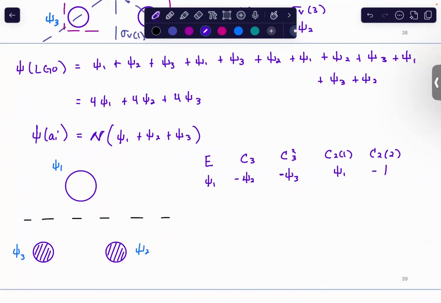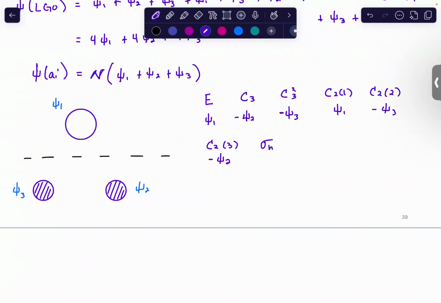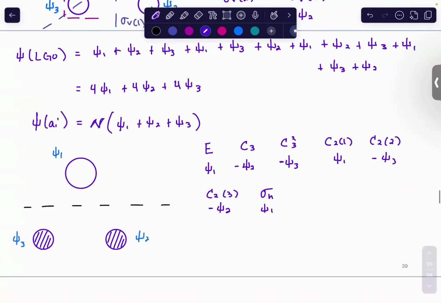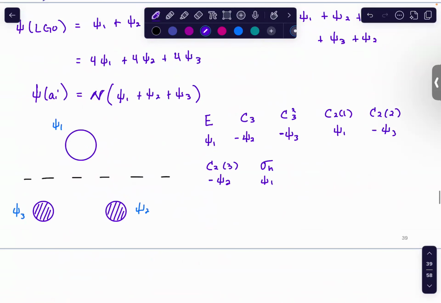C2 2, negative psi 3. C2 3, negative psi 2. Sigma H, psi 1. S3, it's going to be a negative psi 2. S3 2, negative psi 3.